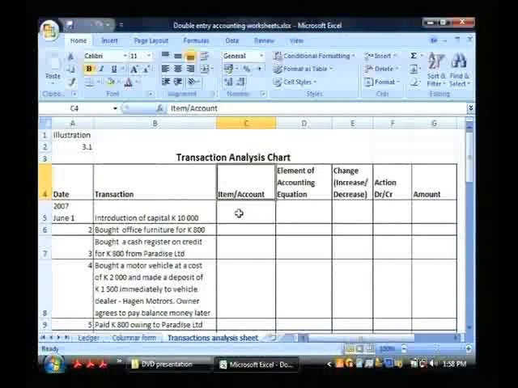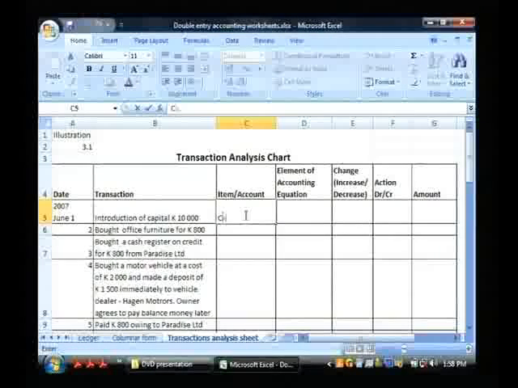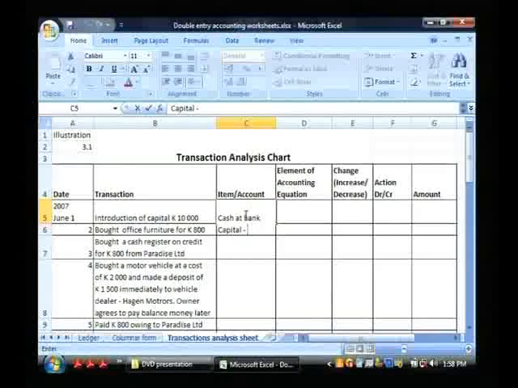Introduction of capital, 10,000 kina. As you have already learned, when the owner introduces capital, the accounts involved are the cash at bank account and the capital account. So first cash at bank, and then the capital account, Capital, David Kawas.